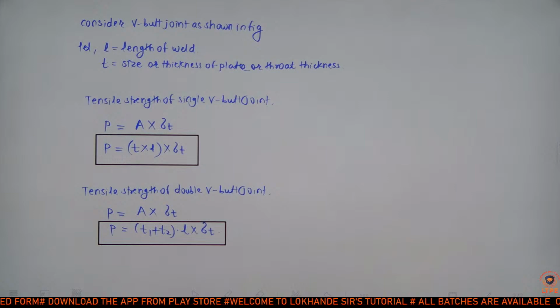Consider V butt joint. Let L be the length of weld, and T the size or thickness of plate, which is also called the throat thickness.